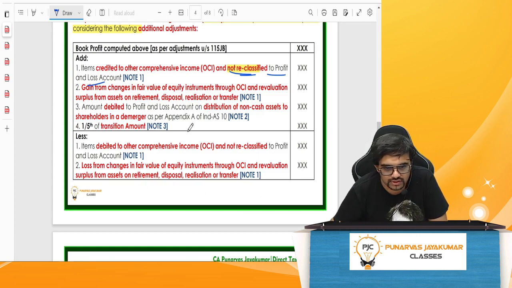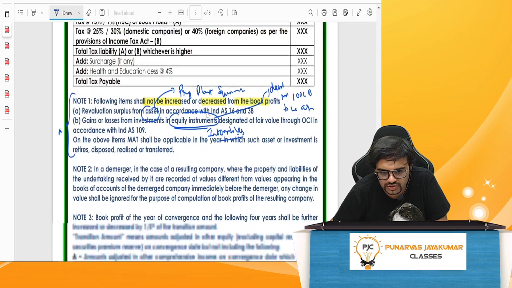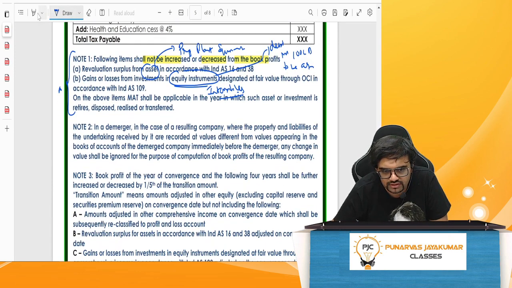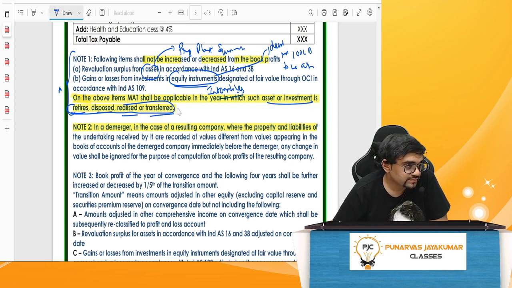Next, gains from changes in the fair value of equity instruments through OCI and revaluation surplus from assets, retirement, transfer. But as I told you, on the above items, that is PPE, property, plant, equipment, it will be done only when the asset or investment is retired, disposed, realized or transferred.